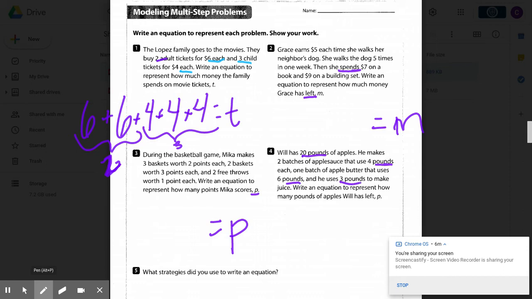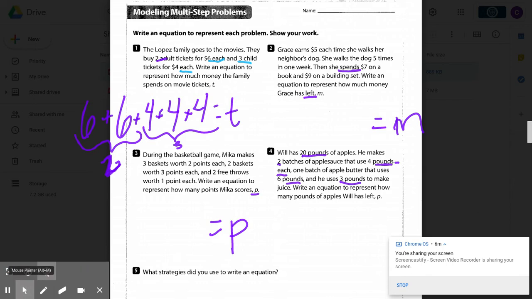Remember when you're doing number 4, if he makes 2 batches of applesauce that use 4 pounds each, what are you going to have to do with that to figure out how many pounds of apples he used to make those 2 batches before you move on to the next step?